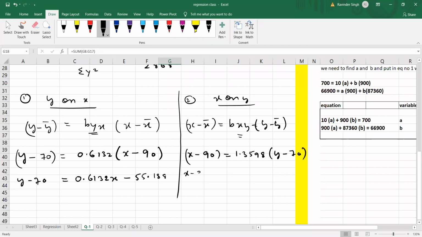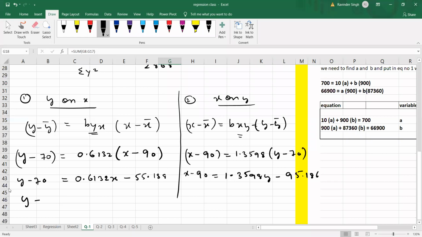Here you will get x minus 90 is equal to 1.3598y minus 1.3598 into 70. So this comes around 95.186.